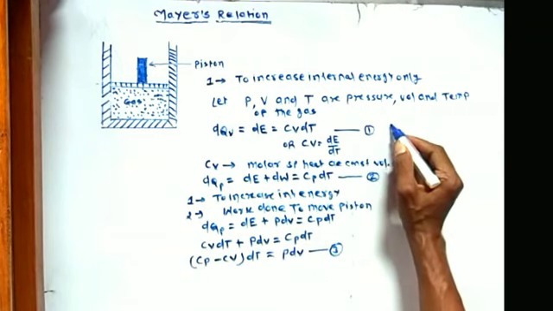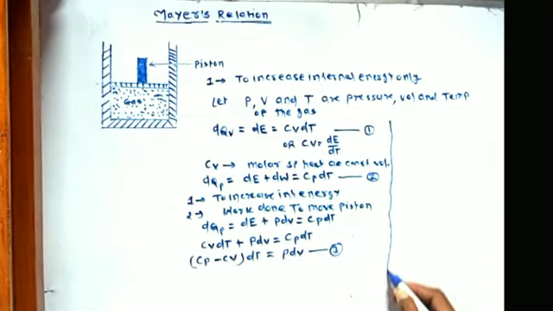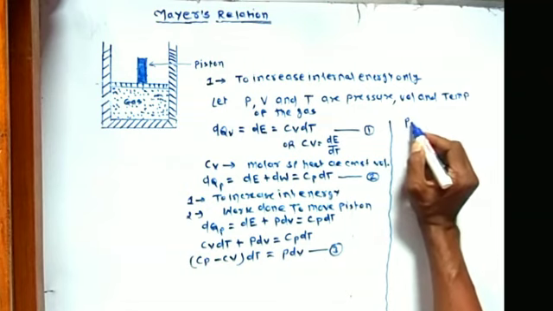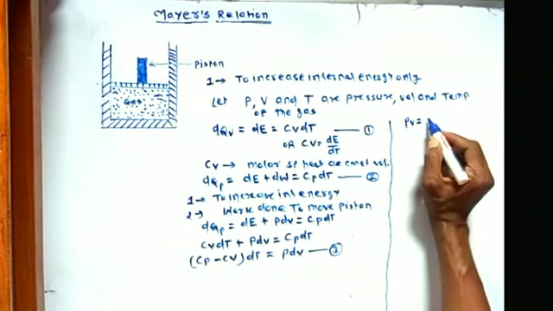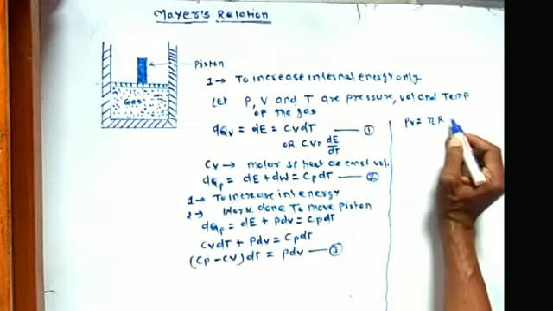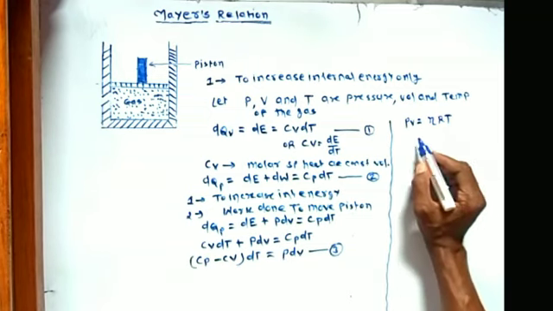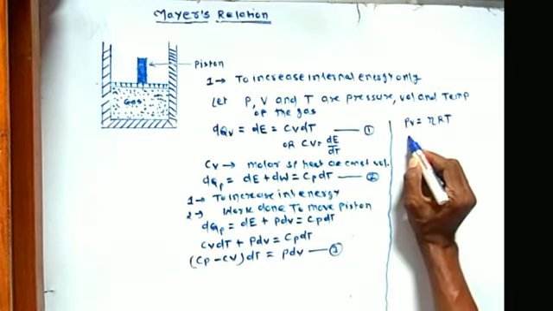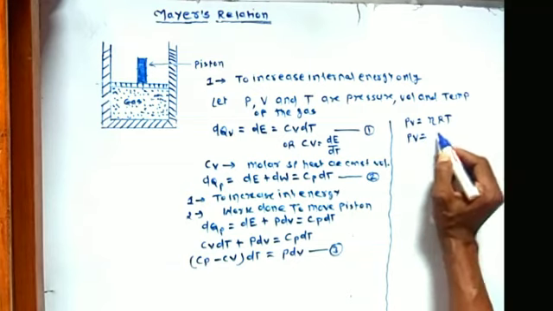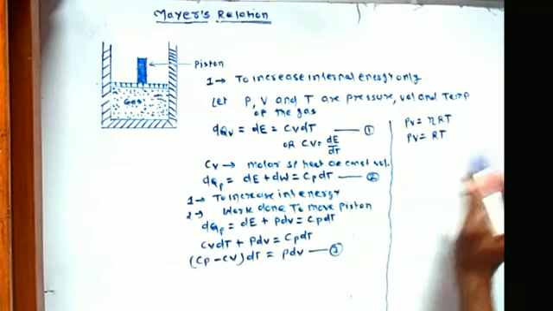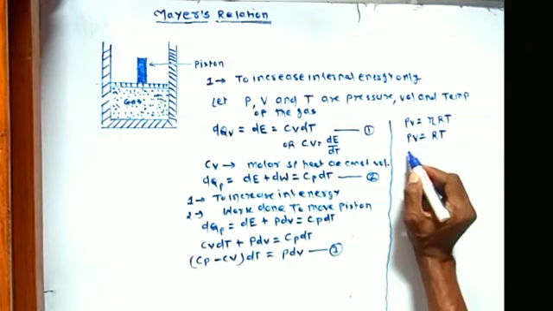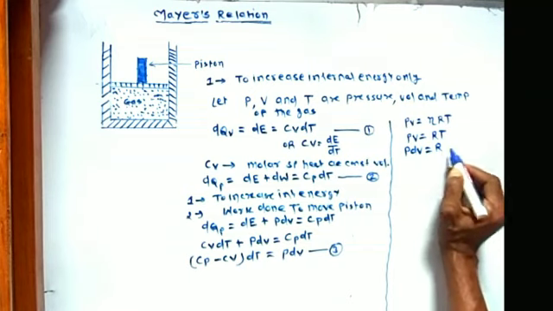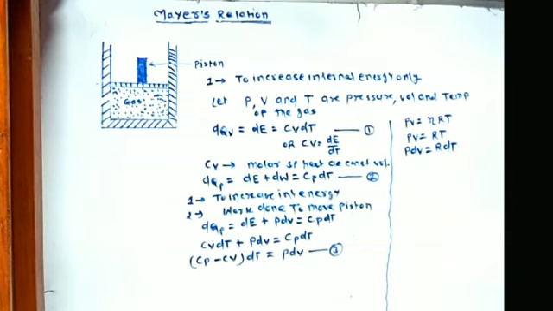By using the ideal gas equation, we know that PV equal to nRT, where n is the number of moles, and for 1 mole the above equation becomes PV equal to RT. Differentiating the above equation, we get PdV equal to R dT.